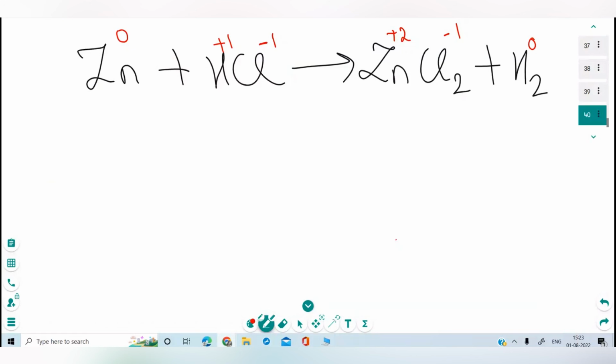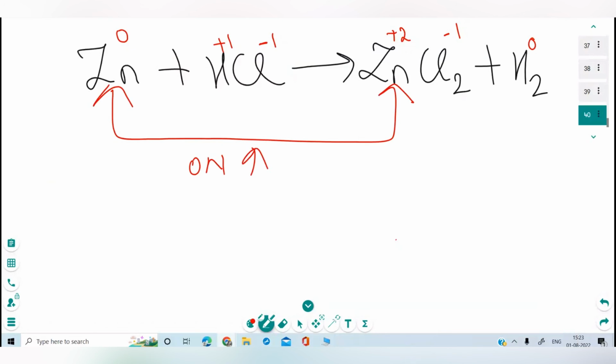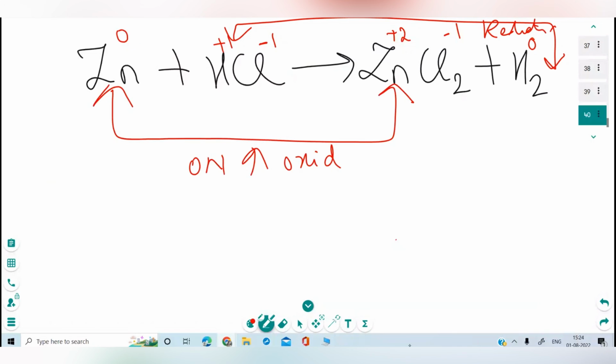So zinc's oxidation state is increasing. That means it is oxidizing. That is oxidation. Hydrogen's oxidation state is decreasing, so it is called a reduction. The equation doesn't have to be balanced for this.